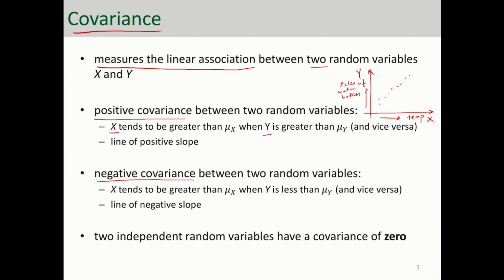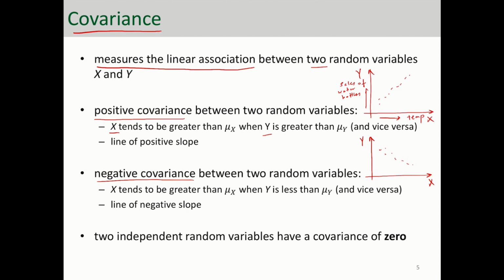And that means they have a positive covariance, meaning that when this one increases, the other one tends to increase. And then we have a negative covariance, which you probably can guess how that would look, when the relationship is indirect. So you have x here and you have y here. These two random variables have a negative covariance.